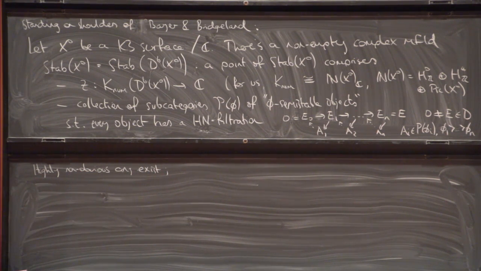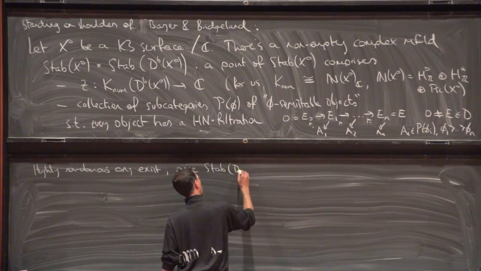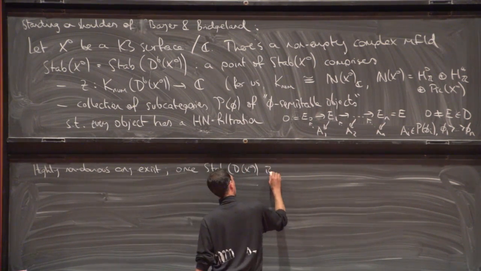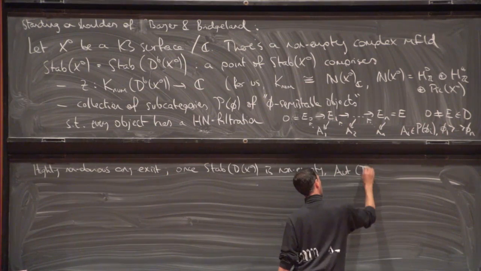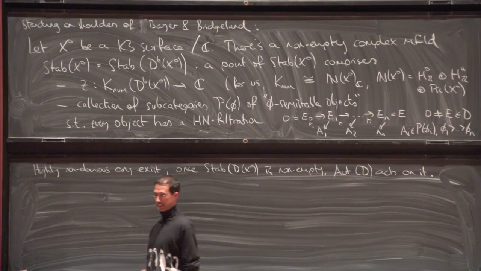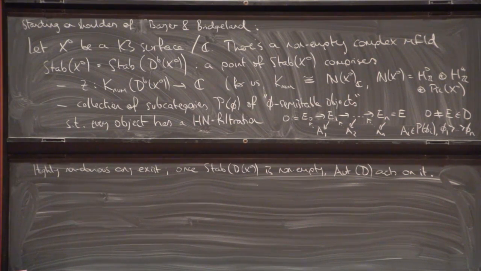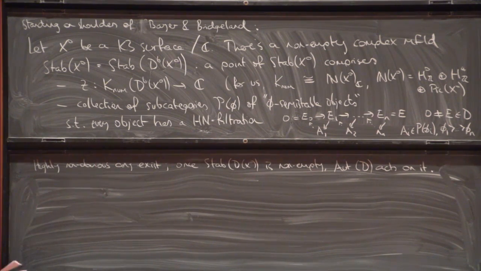But once you have one, Bridgeland's remarkable theorem is that you get a complex manifold of such, and because these are defined only using the category, the group of equivalences of the category tautologically acts on this. And geometric group theorists tell us that the best way to understand a group is to make it act on a space, and this gives us a space that this group of equivalences of a triangulated category can act on.